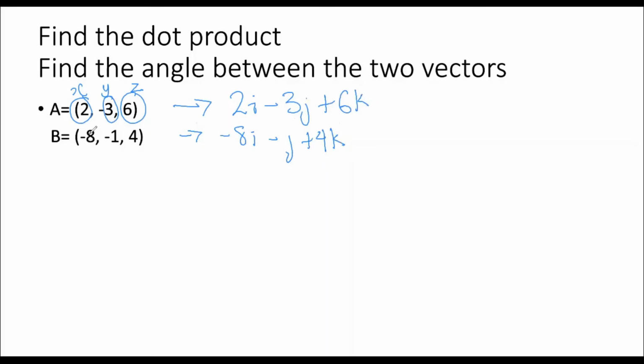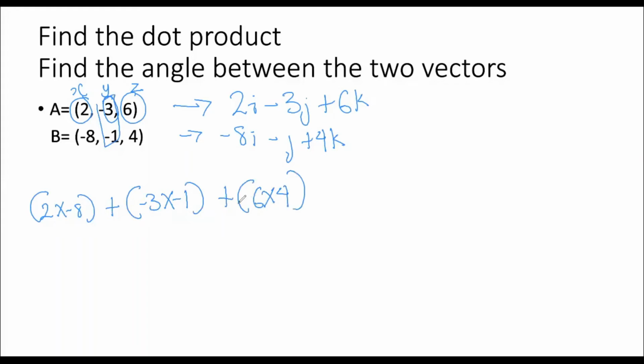So again, let's find the dot product. We take the x's or the i's together, the j's together, and the k's together. So I have 2 times minus 8 plus minus 3 times minus 1 plus 6 times 4. So 2 times minus 8 is minus 16, plus minus 3 times minus 1. Minus times minus gives us plus, that will be 3.